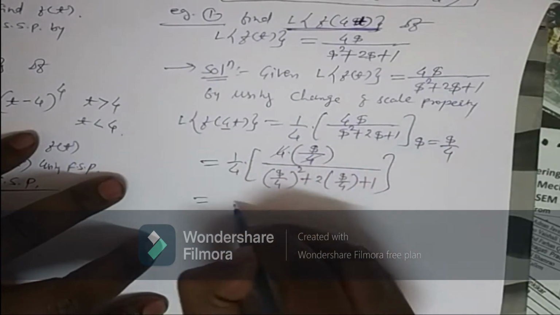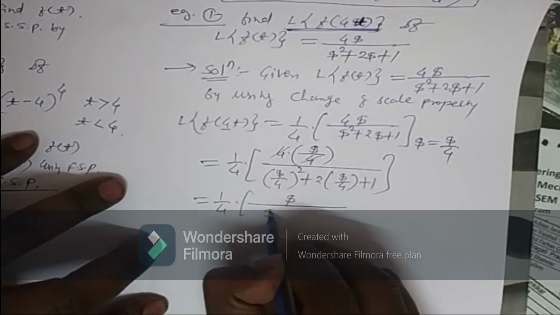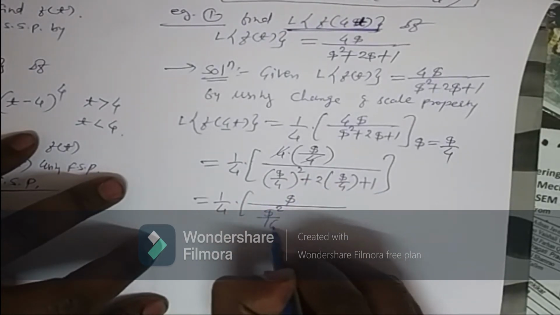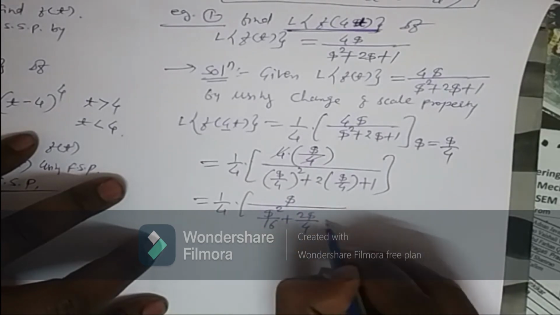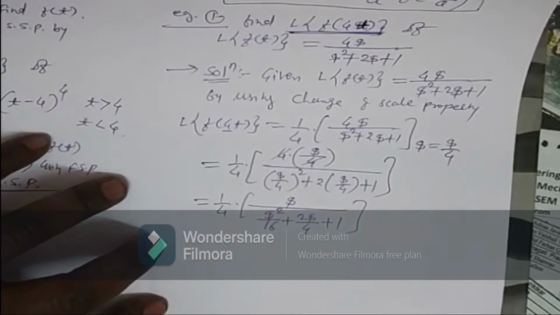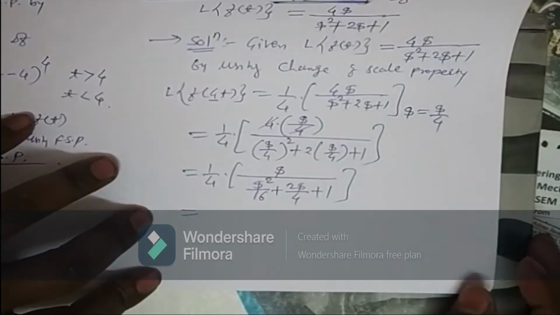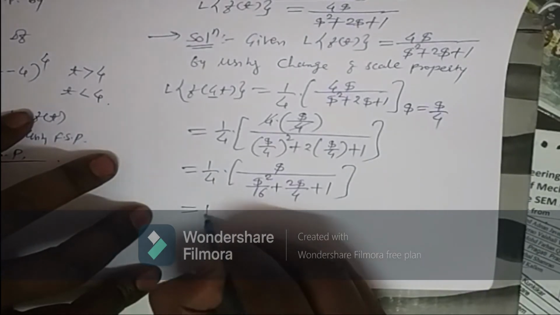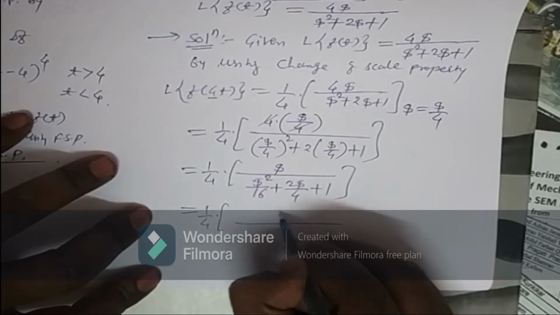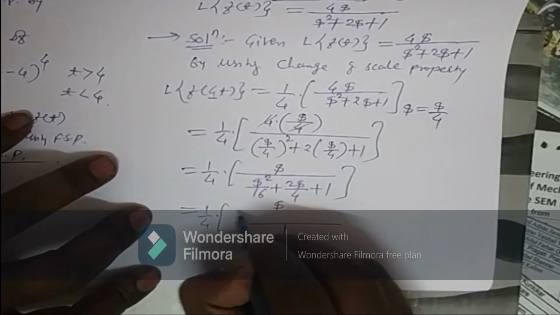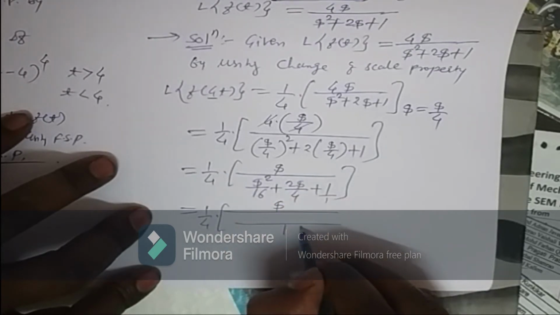We get 1 upon 4 as it is, into s upon s square upon 16 plus 2s upon 4 plus 1. Now we can simplify further by taking the LCM, which for 16, 4 and 1 is 16.